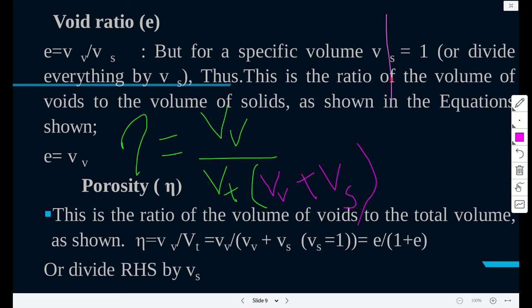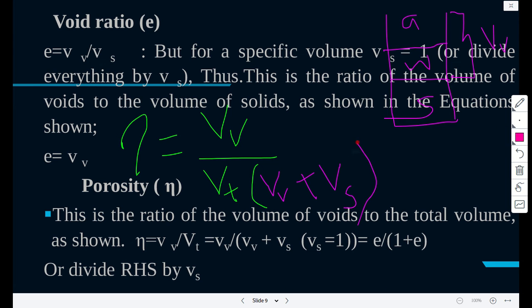I even try to draw for you here to remind you. These are solids, this is water, and this is air. But we said the volume of voids consists of the volume of air and water. It's called the volume of voids, isn't it?